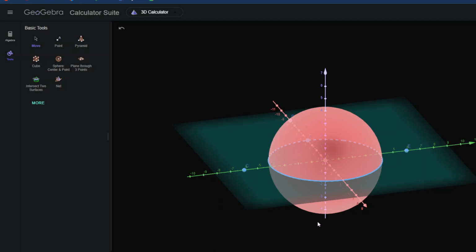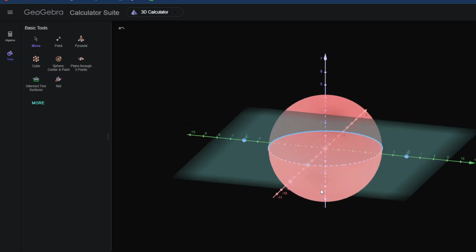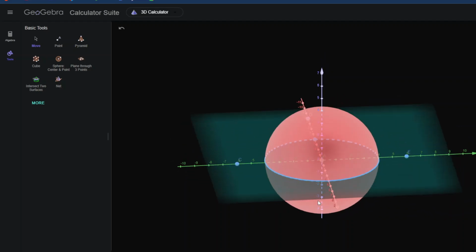Just like when you're doing it 2-dimensionally, you're finding an infinite number of rectangles, right? So here we're just using that slice, and then we're finding the area of an infinite number of slices here, and then we're going to add them all up, and that will give us the volume. Okay.